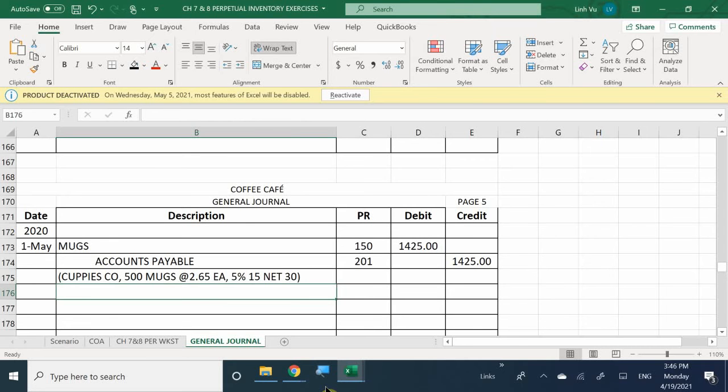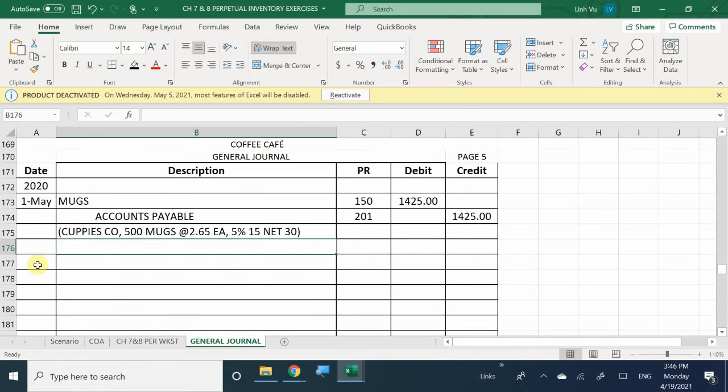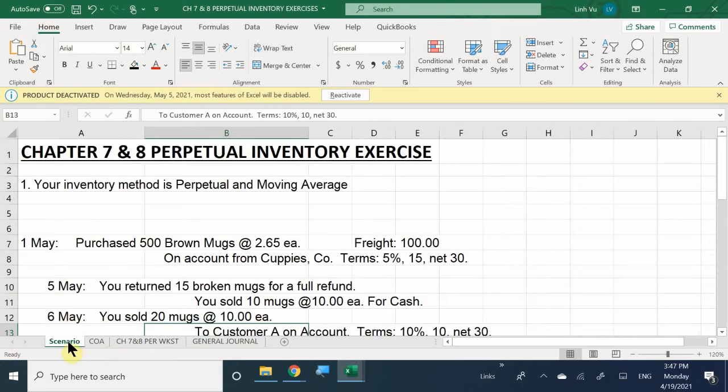Any questions about journalizing? Like I've mentioned before, this is what we're going to be learning for the rest of the class. So now that my journal is complete, I have a description, I have my PR filled in, I have my debits matching my credits. Now we can move on to the next scenario.